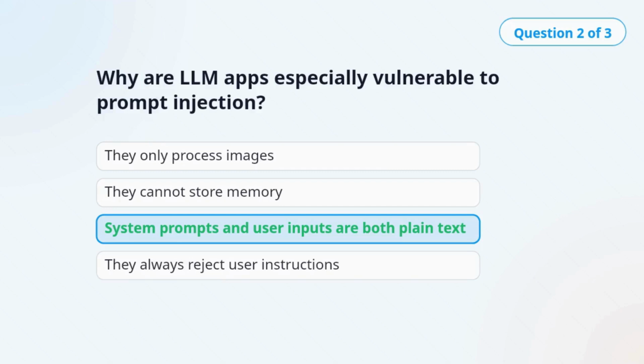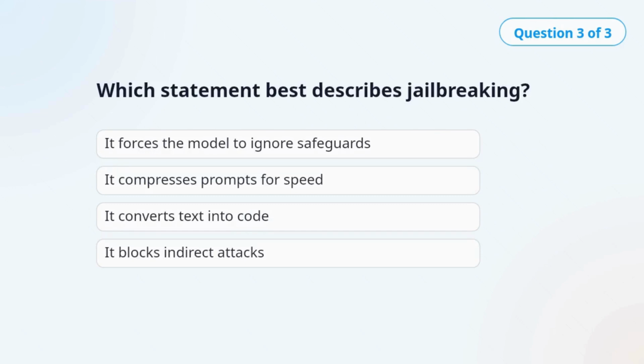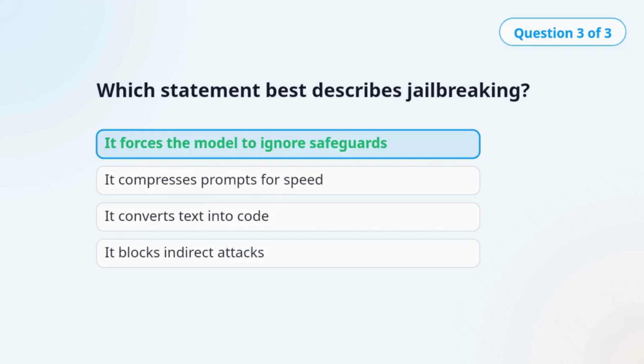The correct answer is system prompts and user inputs are both plain text. Because both trusted instructions and user input are natural language text, the model may struggle to separate them reliably. Question 3. Which statement best describes jailbreaking? The correct answer is it forces the model to ignore safeguards. Jailbreaking is about bypassing or disabling the model's safety restrictions.